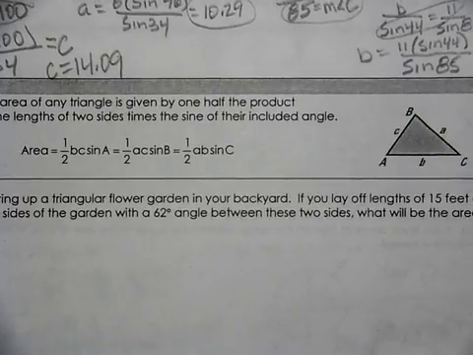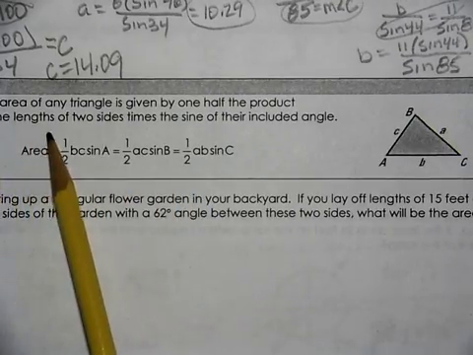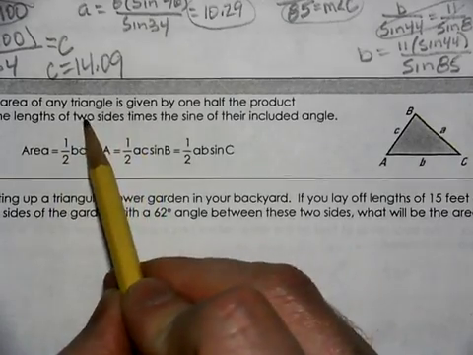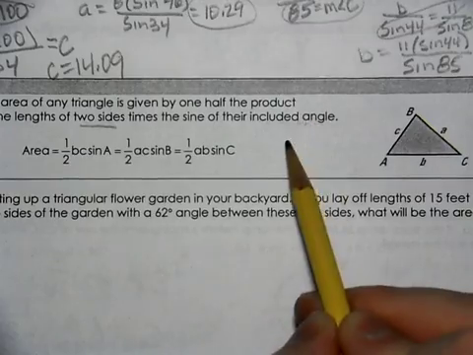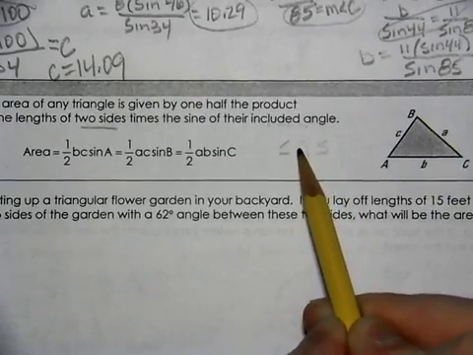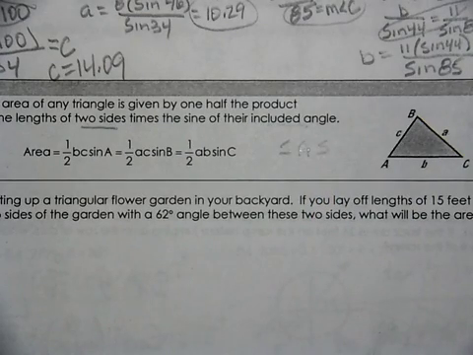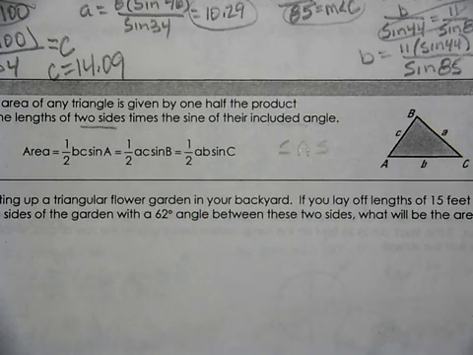Here, we're going to calculate what the area is. Notice the information they're giving us here are two sides and the included angle. That would be two S's and the angle that's in between them. If you're given that information, then we can use these formulas to calculate what the area of the triangle is.